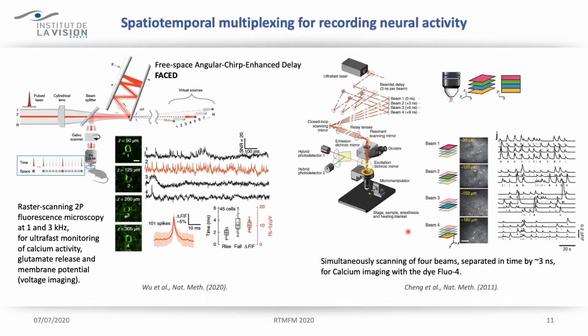Scanning methods have also used spatiotemporal multiplexing to increase the acquisition speed. In fact, the fundamental upper limit to acquisition rates in fluorescence microscopy is the fluorescence lifetime, which is of the order of 10 nanoseconds.